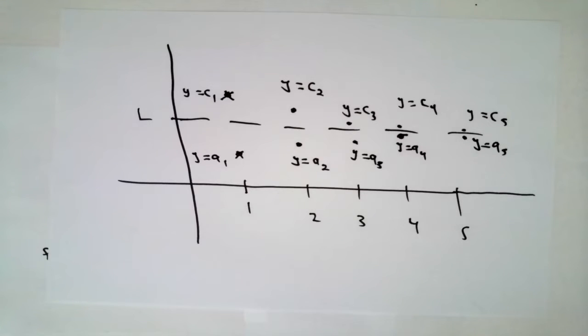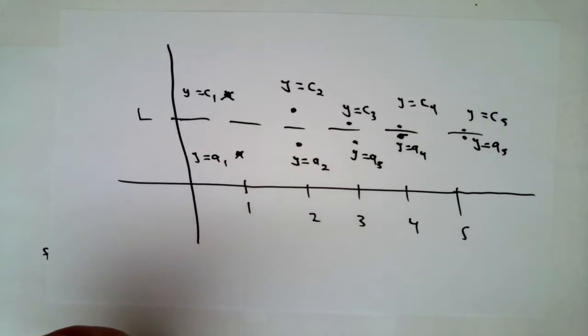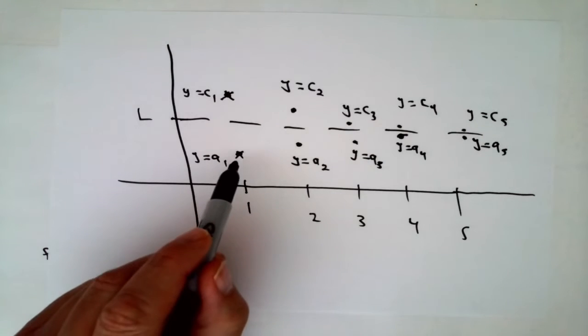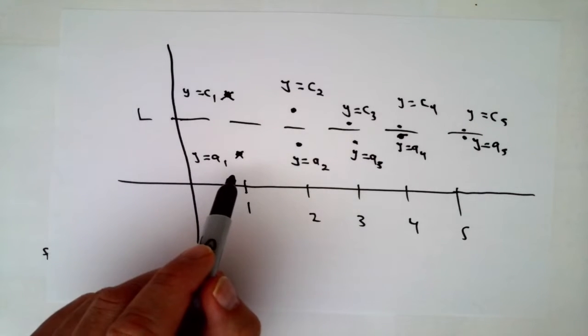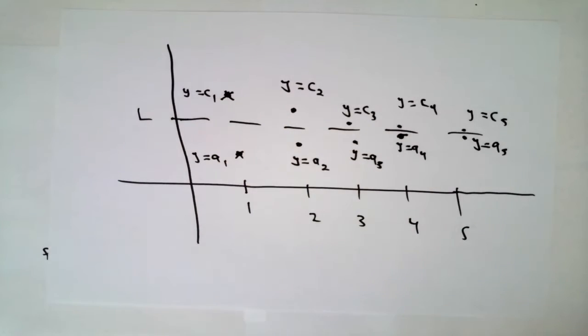Using the idea that the c numbers are the biggest one out of the 3, and the a numbers are the smallest ones out of the 3, if I go to n equal 1, when I look at the a sequence, I'm going to have some y coordinate y equals a1, which has to be lower down than y equals c1, because of the inequality.